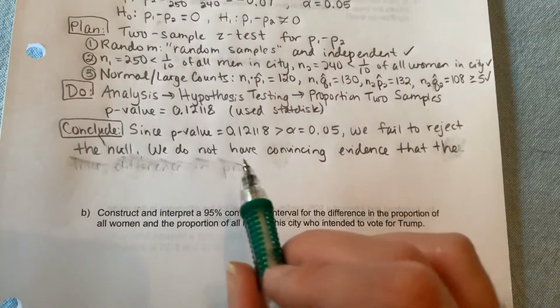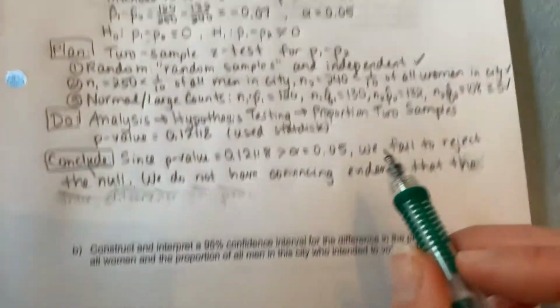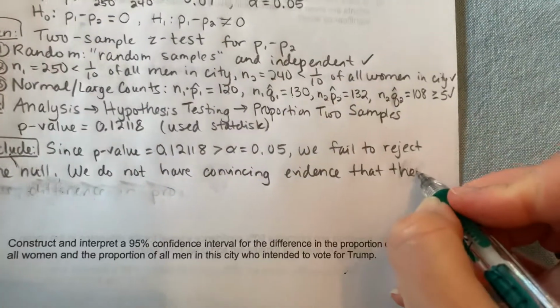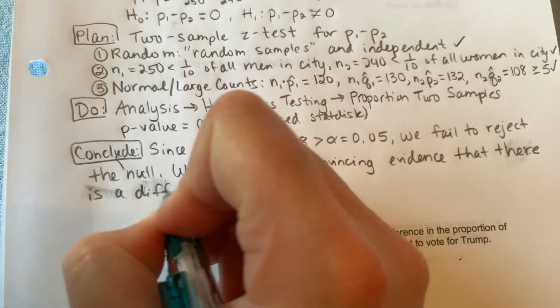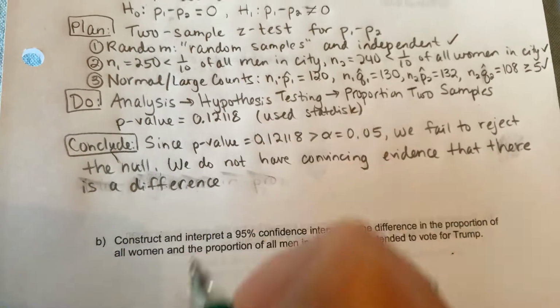So I'm going to say we do not have convincing evidence that there is a difference. We do not have convincing evidence for the difference. It's not that we think they're the same.